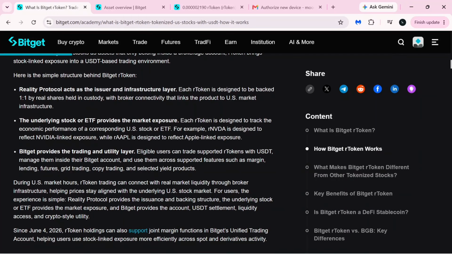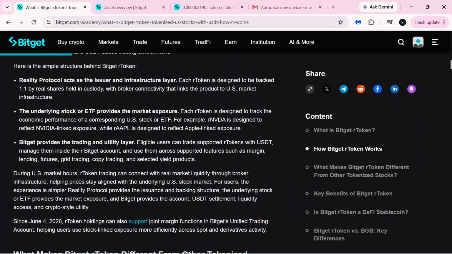Okay. So Reality Protocol acts as the issuer and infrastructural layer. Basically the R token is designed to be backed one-to-one by real shares held in custody with the broker connectivity that links the product to the US infrastructure.